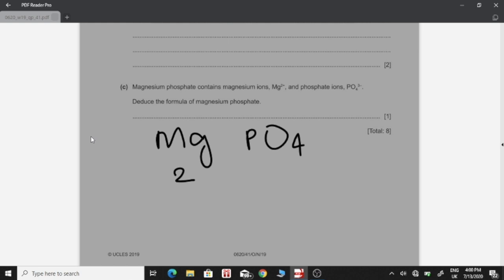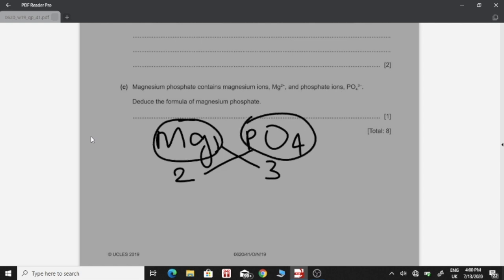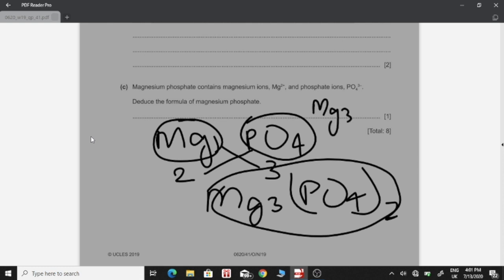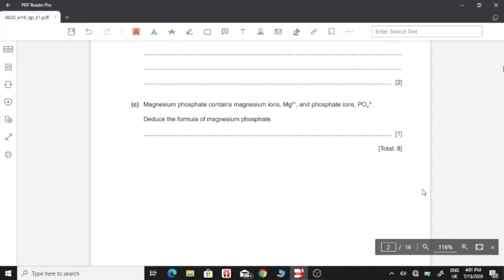So I've written 2 for magnesium and 3 for the phosphate ion, and then we cross these valencies and the elements or the ions. So now in the formula we'll be having 3 atoms of magnesium and 2 phosphate ions. So here we have the magnesium phosphate formula. So this is Mg3 and 2 phosphate ions.